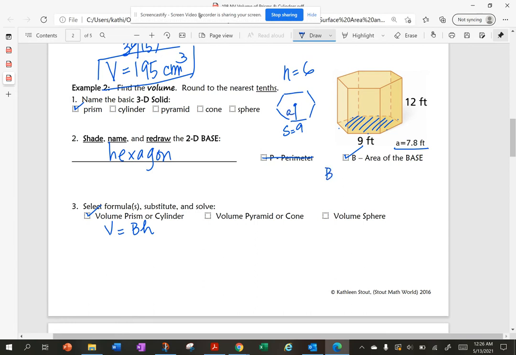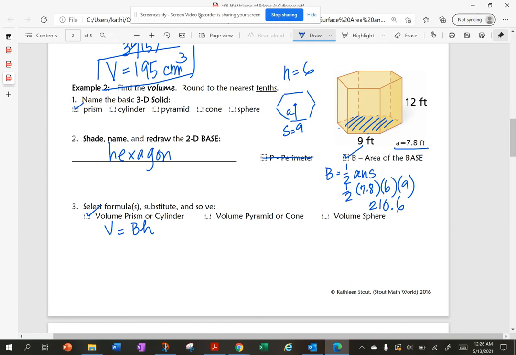So area of the base is 1/2 apothem times number of sides times side length. The apothem is 7.8, the number of sides is 6, and each side is 9. So my area is 210.6.